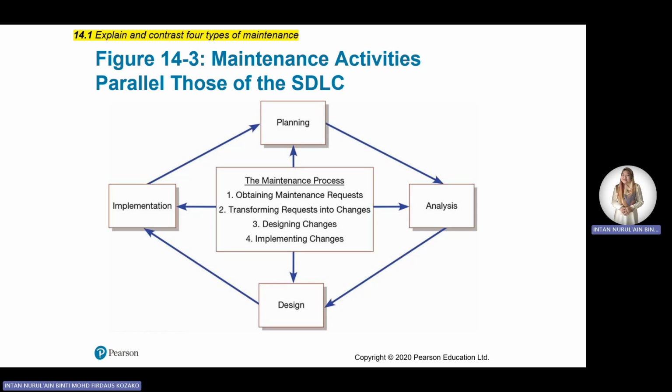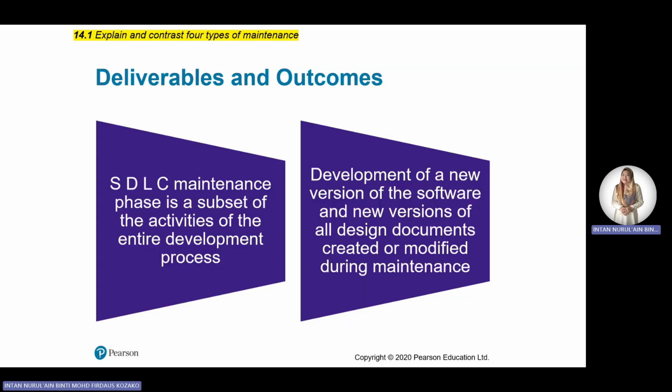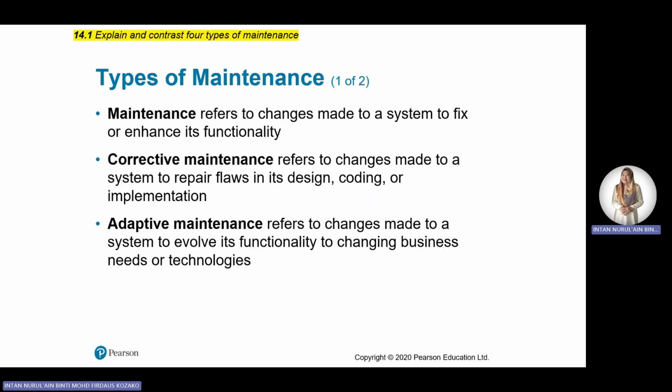If there are changes, it will go through these parallel activities in the SDLC, so that the company can deliver the outcomes of the newly updated system. So the SDLC maintenance phase is a subset of the activities of the entire development process. There is development of a new version of the software, and a new version of all design documents created or modified during the maintenance phase.